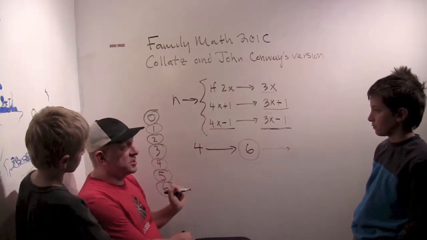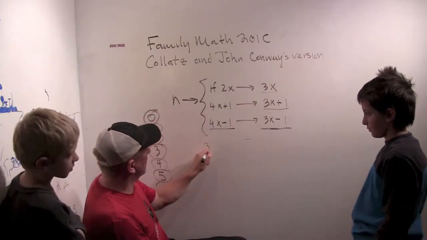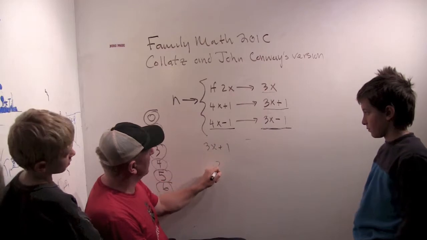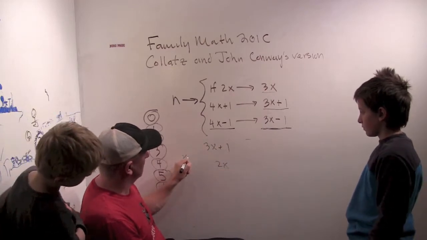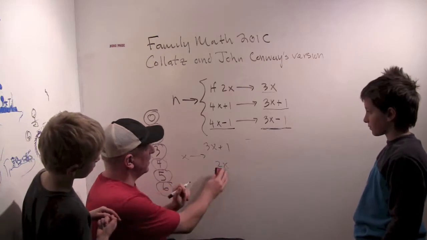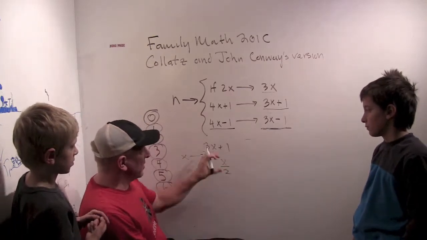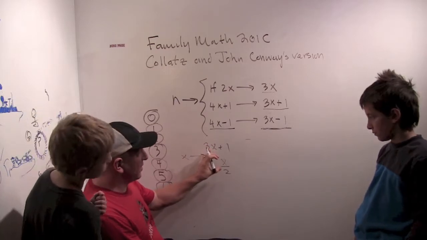The Collatz conjecture doesn't have that property because you're going to 3x plus 1 if it's odd, and x over 2 if it's even. But the problem is sometimes these can be the same.